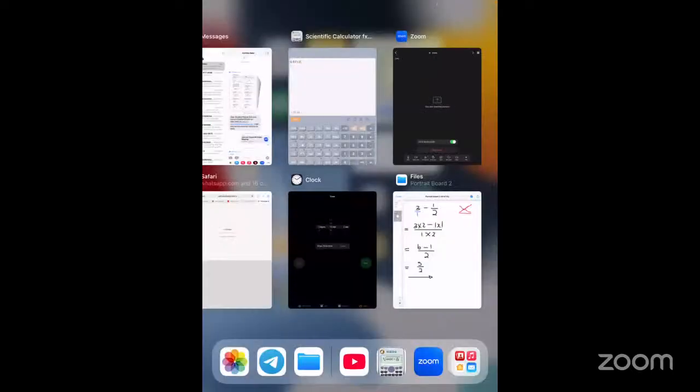Okay, maybe let me do this and say here is an example. Maybe let's say 2 over 3 minus 1 over 4. Anyone who would like to give it a try, unmute yourself, mention your name, and I will choose.